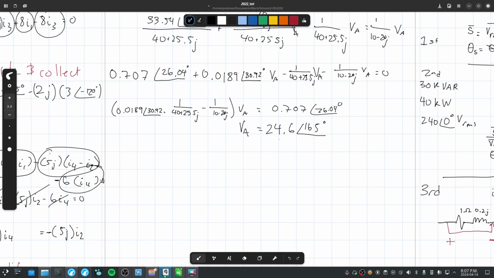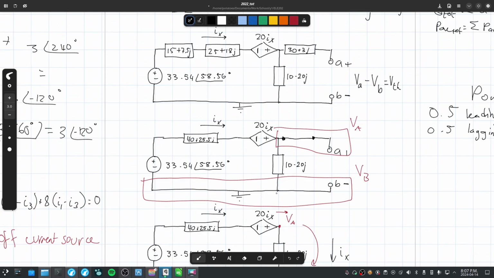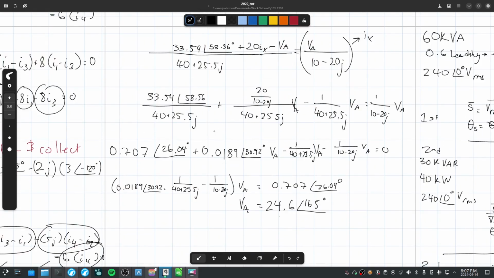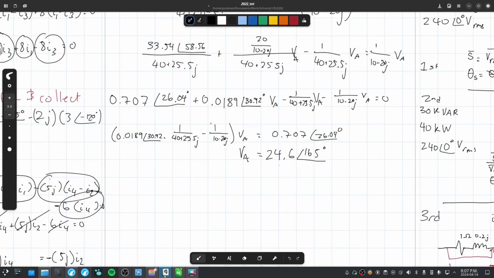Is that right? So do we subtract current by voltage mathematically? Yes, it's because it's a dependent source. It creates voltage based on the current running through it. So yeah, it's going to be weird. That's just how it works. I'm not sure what else I can tell you on that front.